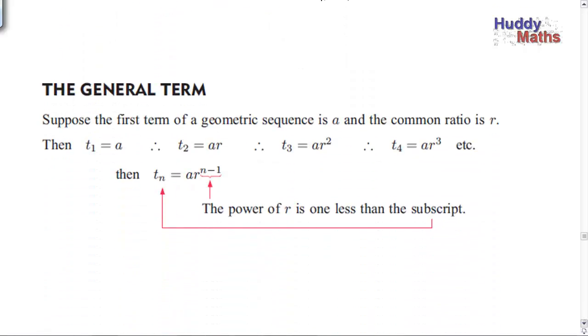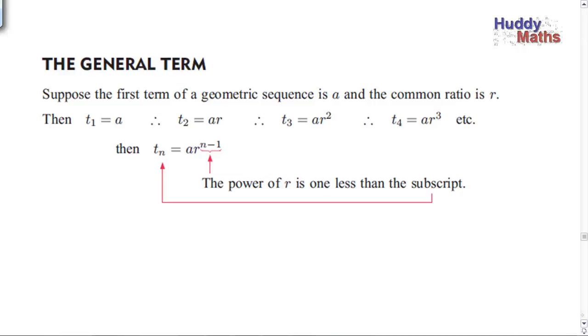And here we're trying to devise an expression for the general term. So how does it work? It goes A, then you times it by r, r squared, r cubed, etc. Can you see the same sort of thing happening? You start with the first term, A, or T1, and then you multiply by r to what power? How many times?